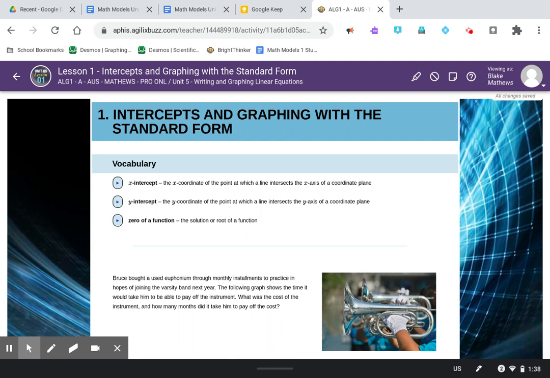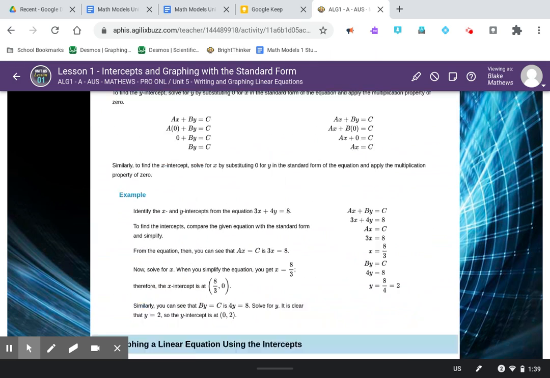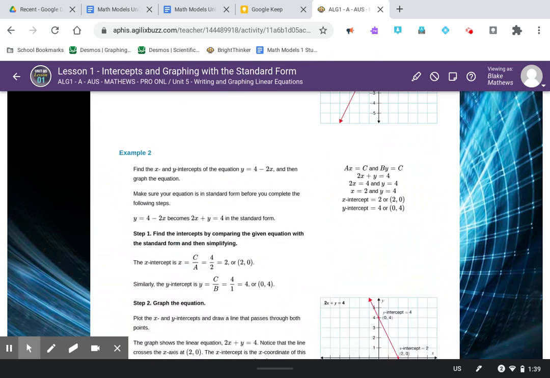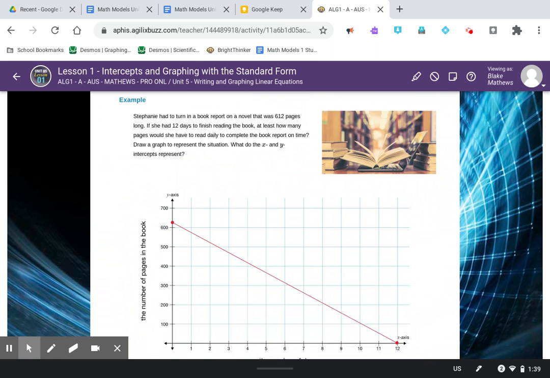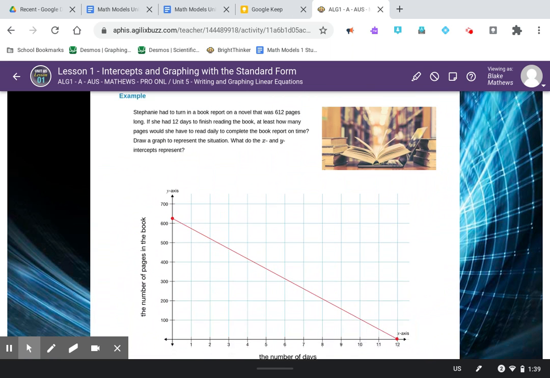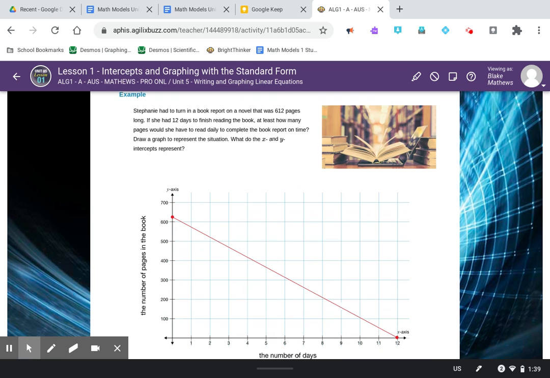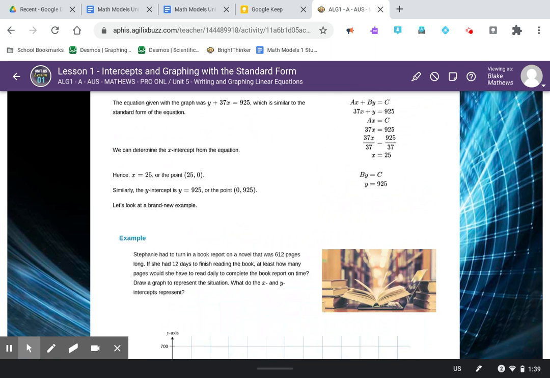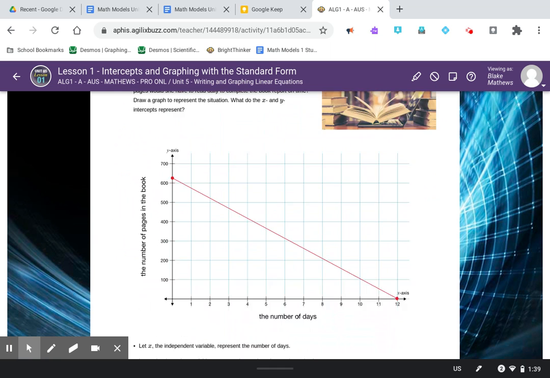First thing I want to say is make sure that you read over the lesson, of course, and look at the real world application problem here. I'll go through this briefly so you can use it to answer some of the word problem questions. We're going to interpret the meaning of this graph.